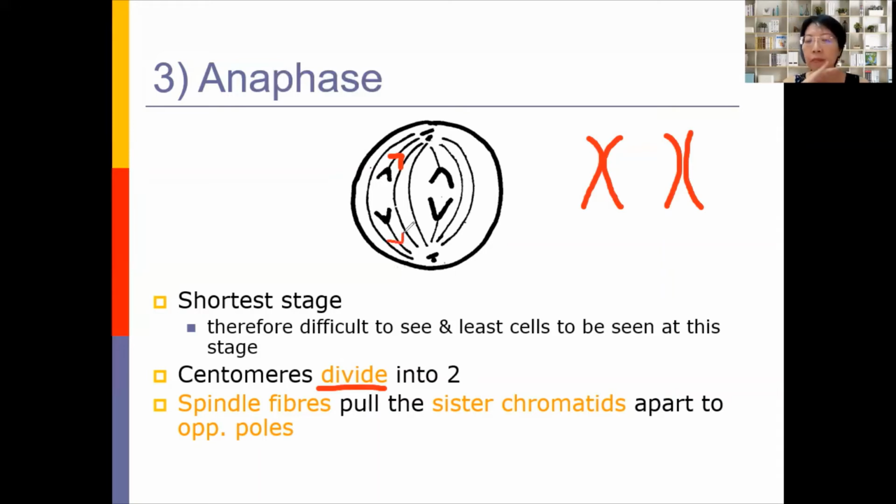Now, what happens is like this. Remember when I taught you, I said that this whole structure is considered as one chromosome, even though it is made up of two sister chromatids.